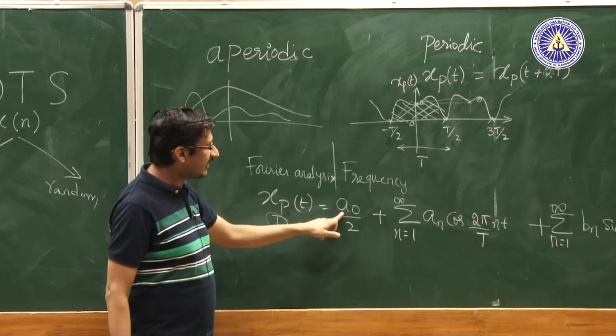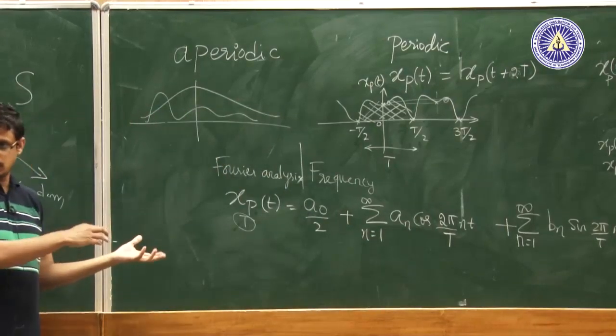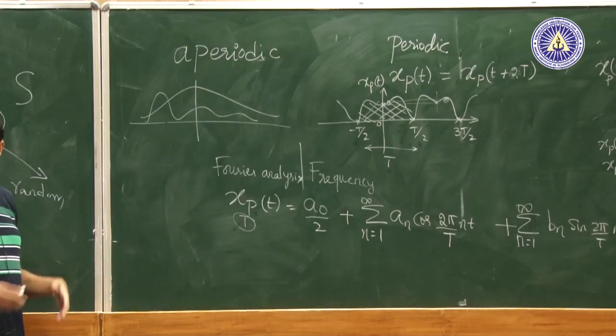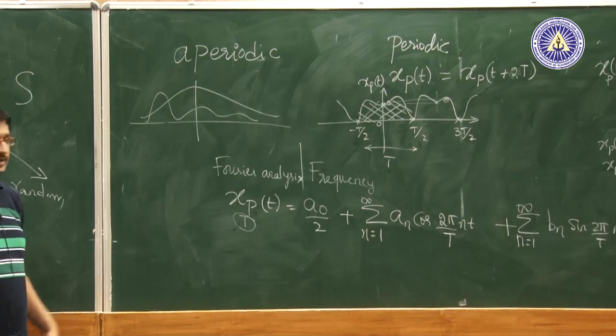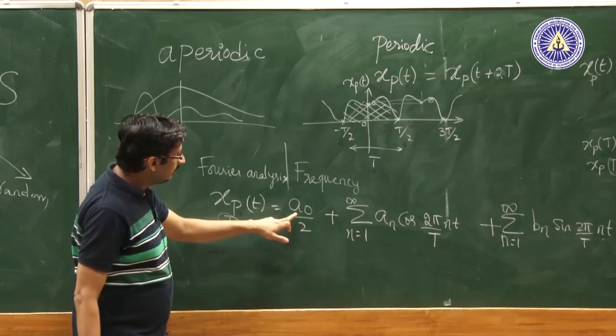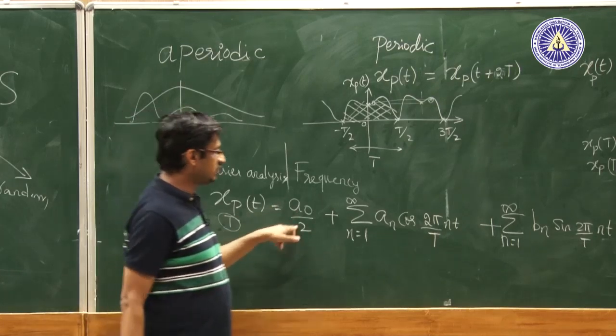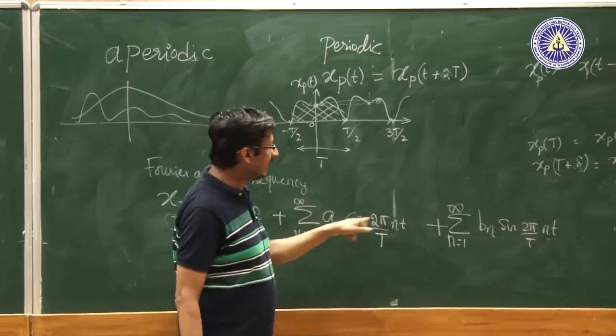How you evaluate a0, an and bn is something we need to look at, and I will not be able to do that here. I will just give you the expressions and you can do it later for yourself. Look at the textbooks on how to derive that. But for our purposes, look at this term a0 by 2 which has no time variation, then look at these terms an and bn.